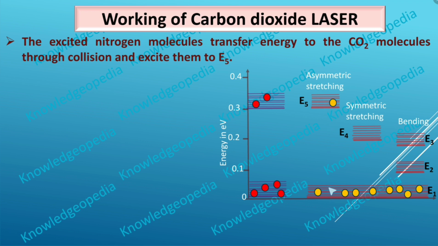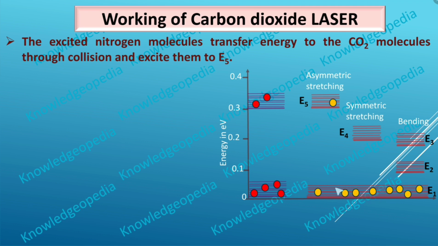Further, one more activity takes place. Those electrons which are produced due to electric discharge in the gas tube will not only collide with the nitrogen molecules, there is probability that they will also collide with these carbon dioxide molecules, right?